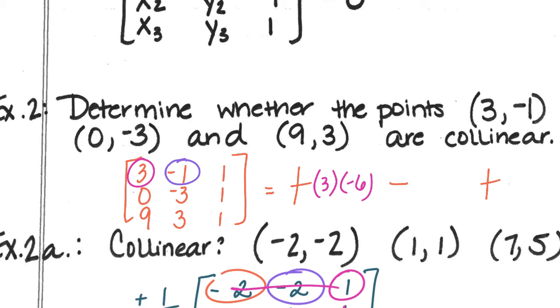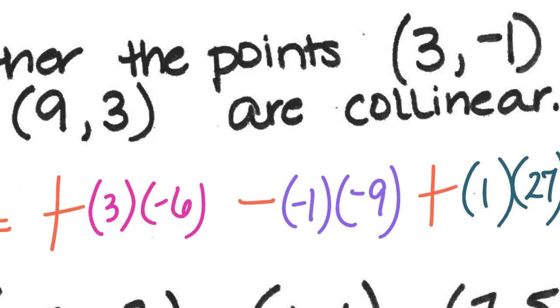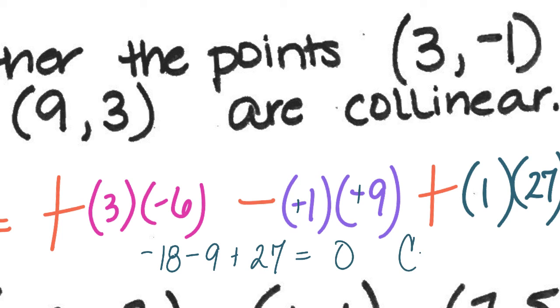So I have -1 times 0 minus 9. That would be a -9. And then I'm going to go here, cross out, and I have 1 times 0 minus a -27, which is +27. Let's see what we end up getting here. 3 times -6 is -18. Looks like these cancel out to be -9 plus 27. Hey, guess what these equal? So this one is collinear. Great job.